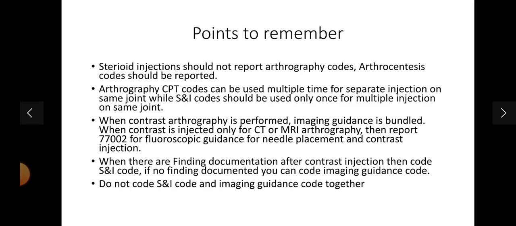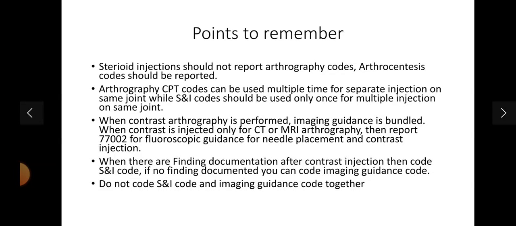Let us see what are the things to remember in coding arthrography. A steroid injection should not report arthrography codes; arthrocentesis code should be used. In arthrography no steroids are used, only contrast is used. If steroids are used, you can use the arthrocentesis codes directly. Arthrography CPT codes can be used multiple times for separate injections on the same joint.